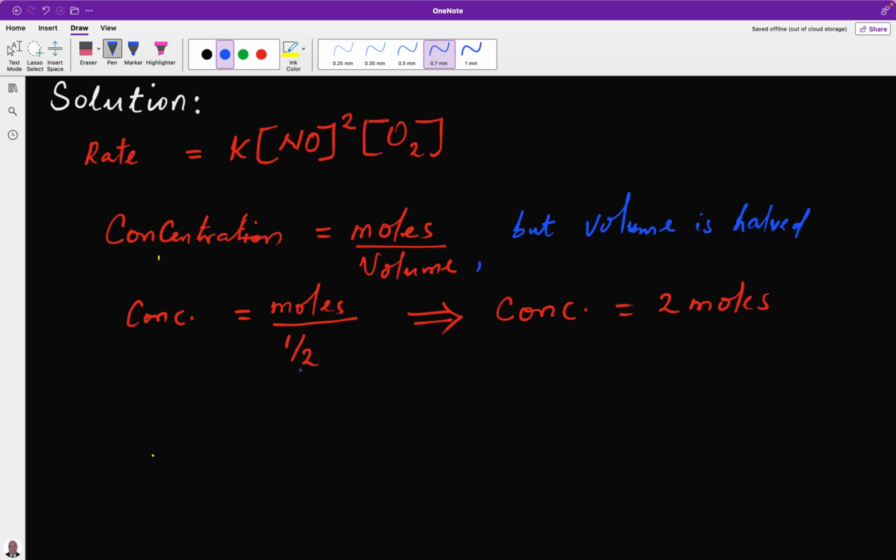Let's go back to our rate equation. This is step 3. This was step 2.